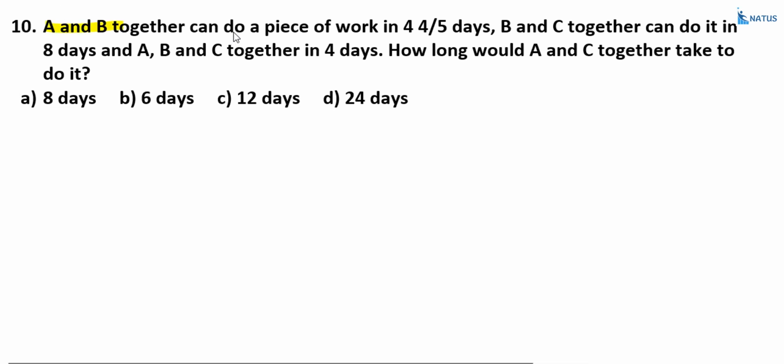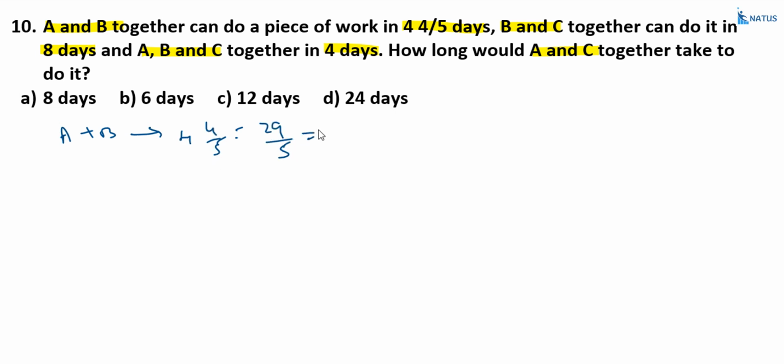A and B together can do a piece of work in 24/5 days. B and C together can do it in 8 days. A, B, C together in 4 days. How long will A and C together take to do it? A and B can complete the work in 24/5 days, so 1 day's work is 5/24.